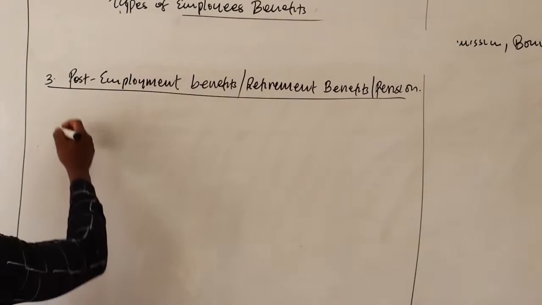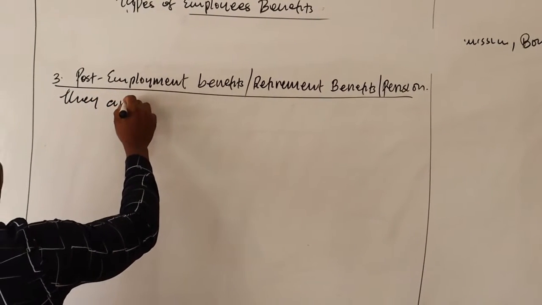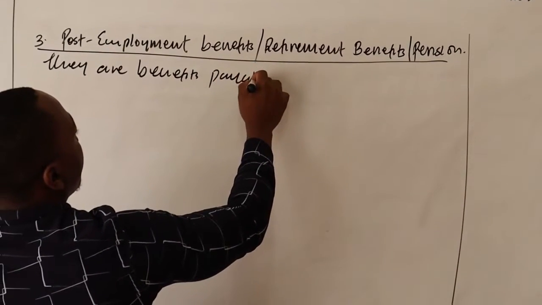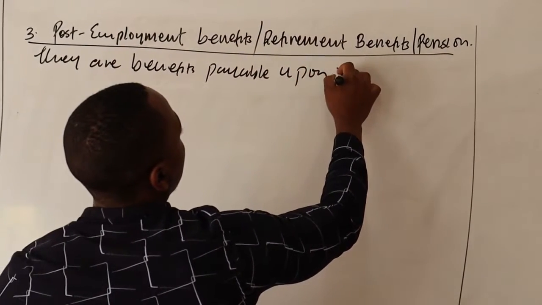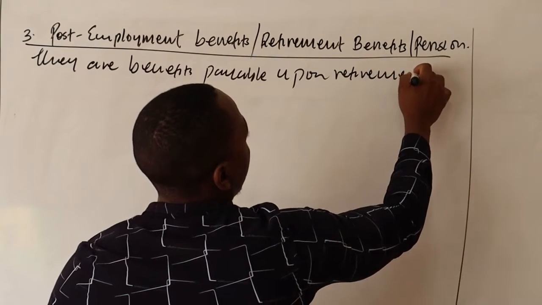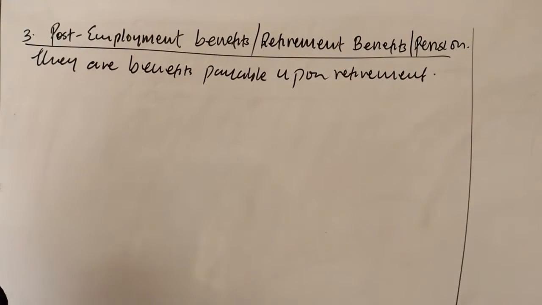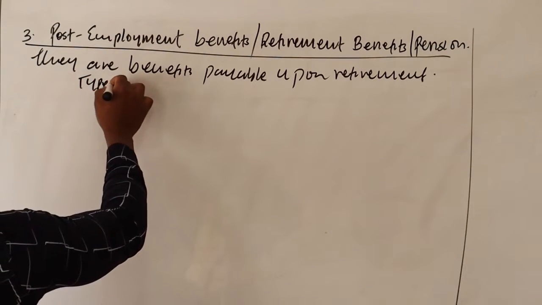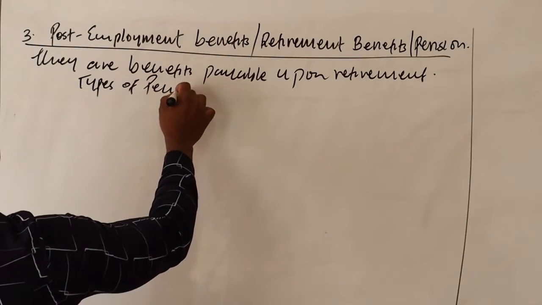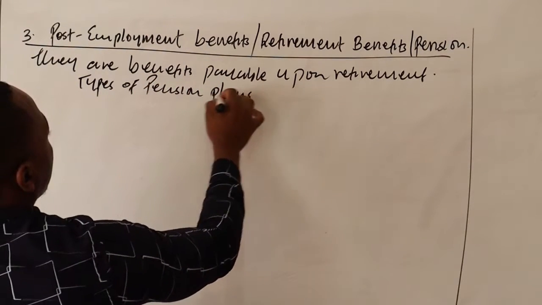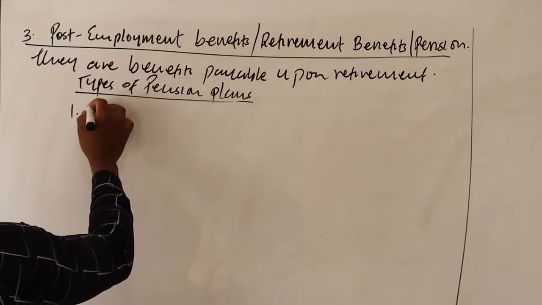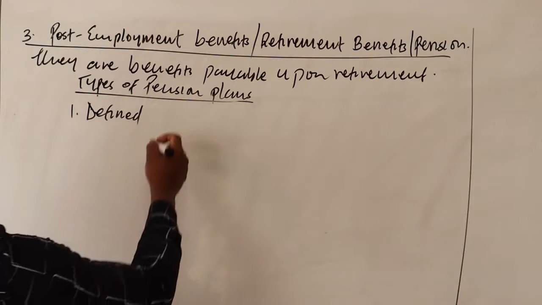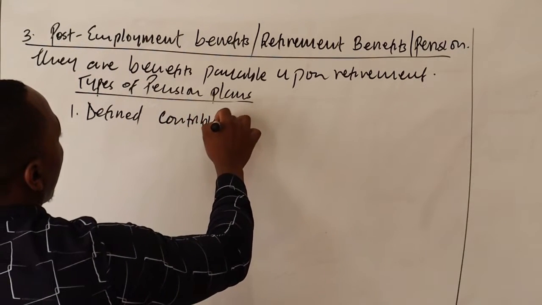And we have said that they are benefits payable upon retirement. We have two types of retirement benefits, or two types of pension plans. Number one, we have the defined contribution plan.